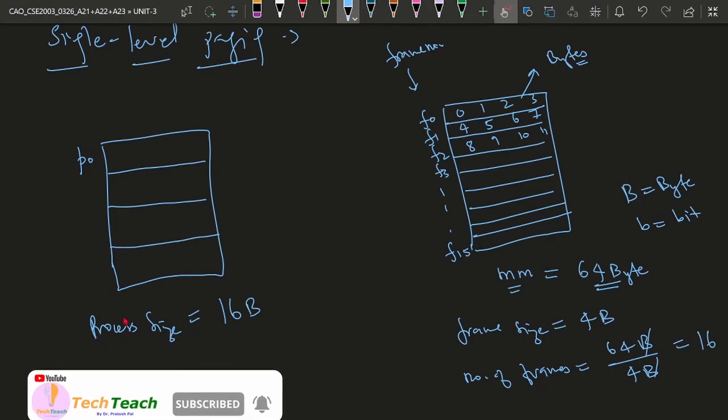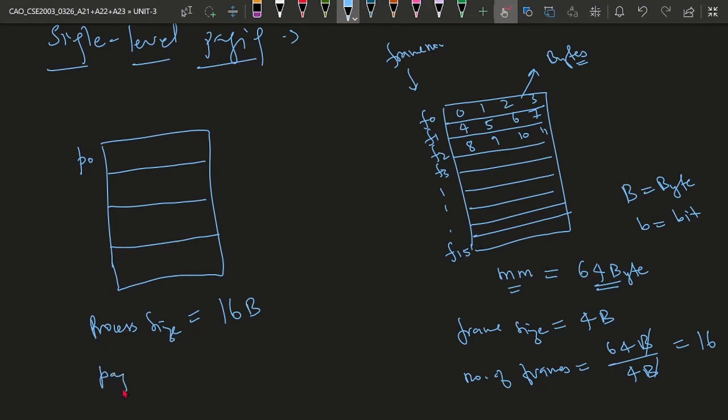So here the page size will be the same as the frame size, that is equal to 4 byte. It can be considered similar to the mapping concept, where we were dividing the cache memory into different lines, and each line had the same size as the block size in the main memory when we were doing cache mapping.